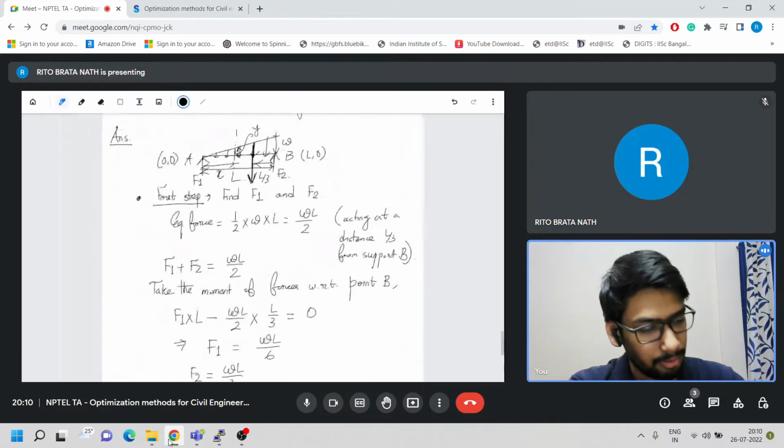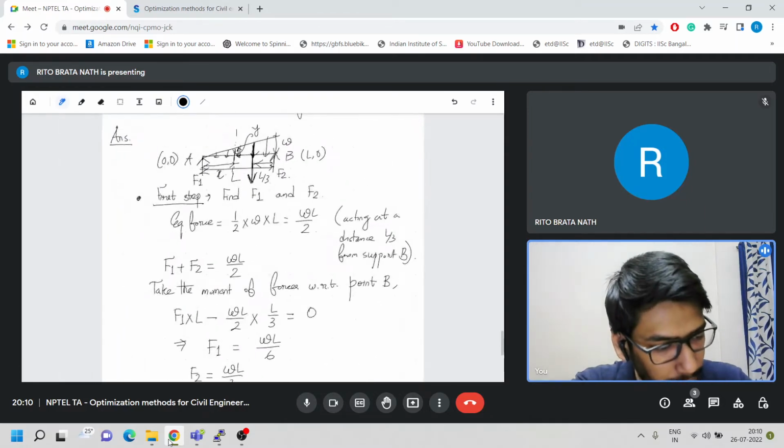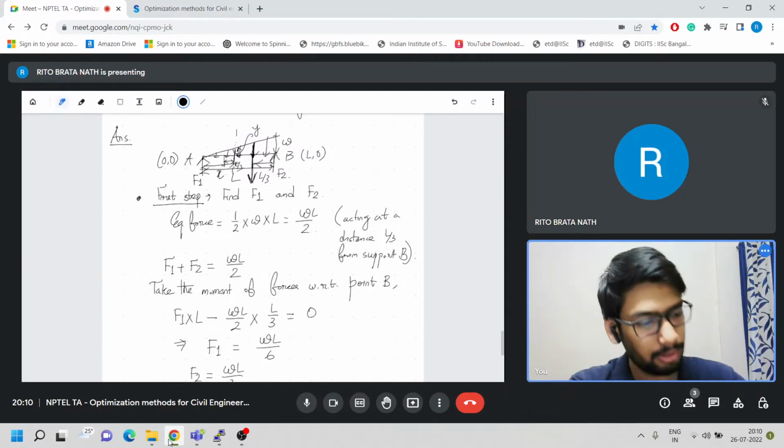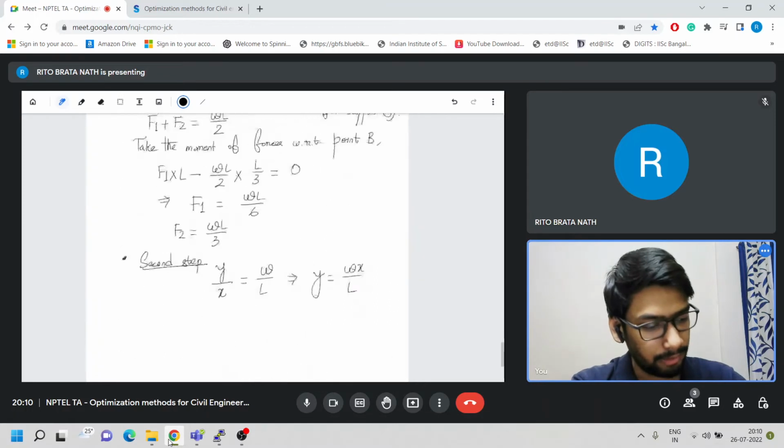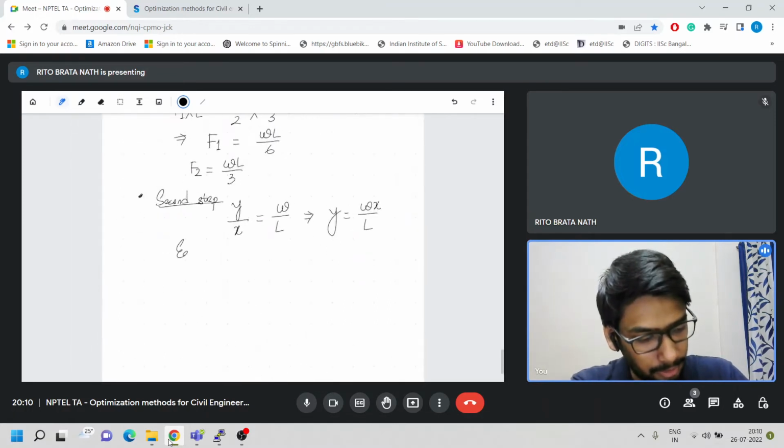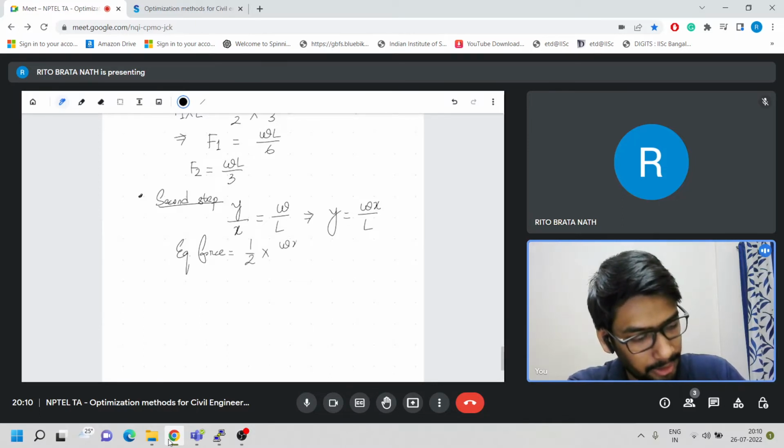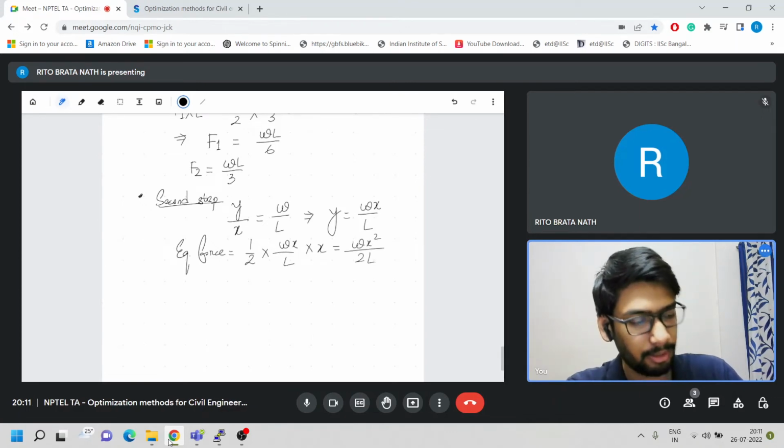And now, if you just look at this section, again the equivalent force will act at a distance x by 3 from this section. So now the equivalent force here for that section is nothing but half times Wx by L times x. So that's Wx square by 2L.